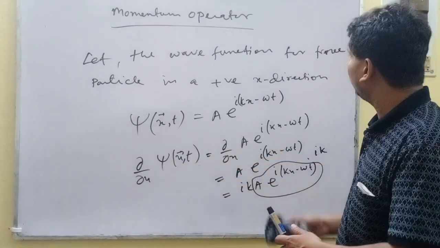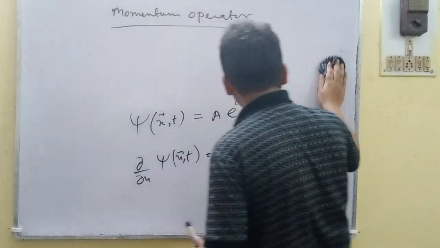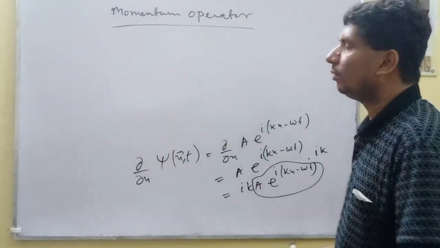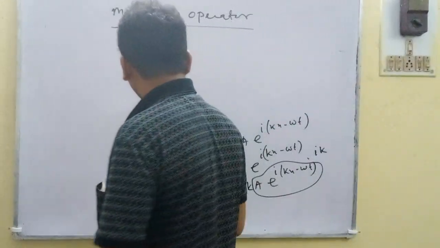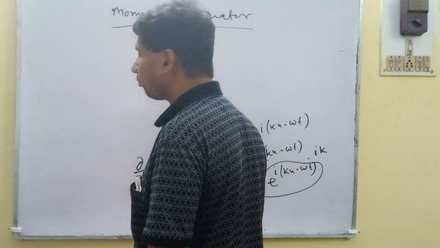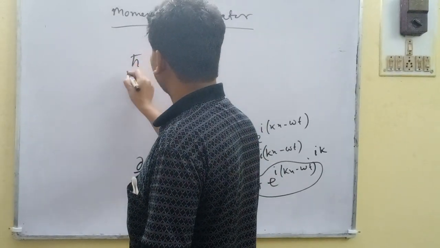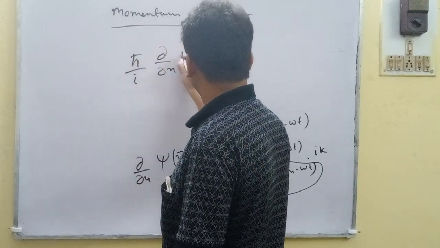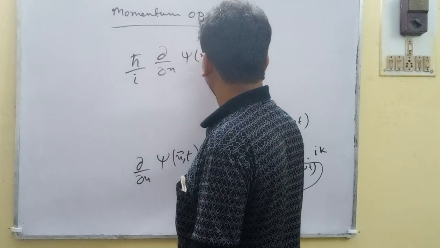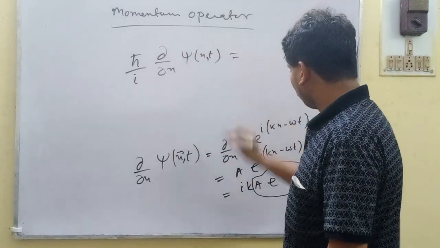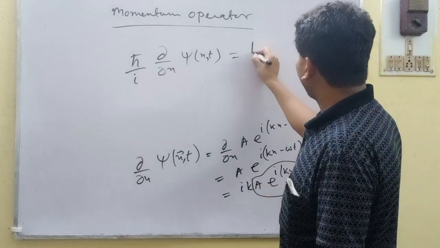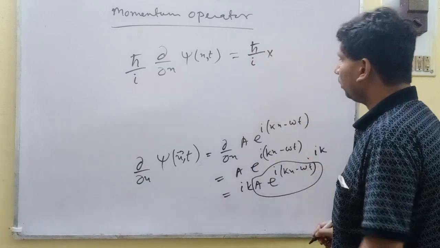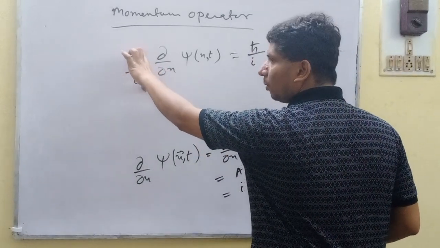Okay, now what happens if we rearrange it, that is, if we multiply the left hand side by h cut by i, then del x psi x t equals i, h cut by i into this term which comes from the outside.